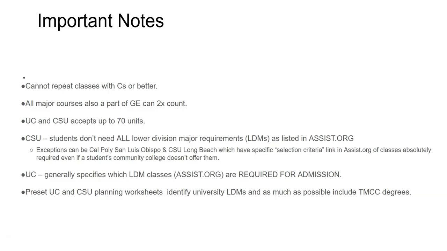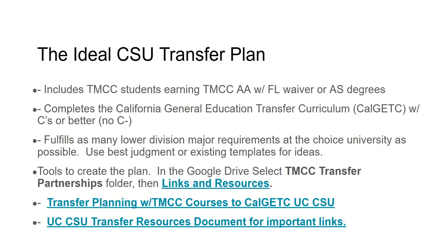So you will see, I'll show you in a minute, the CSU major and then the TMCC major up at the top. The ideal transfer plan includes TMCC students earning AAs with foreign language waivers, or the AS degrees, or specific degrees in certain majors. Again, CalGETC, C's or better.